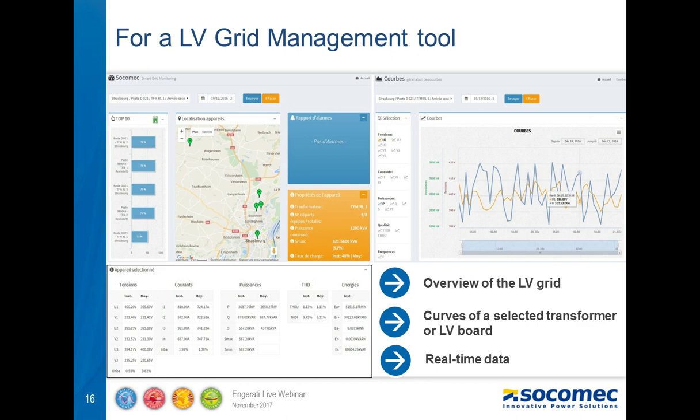But also we can see all the alarms, because the alarms are the first interest for the operator, to know when something is going wrong on the load, on the transformer, on the phase unbalance, or such information. And after, we also have all the curves, all the details for the R&D department. And with this real-time data, we have a complete view of what is going on in the network.